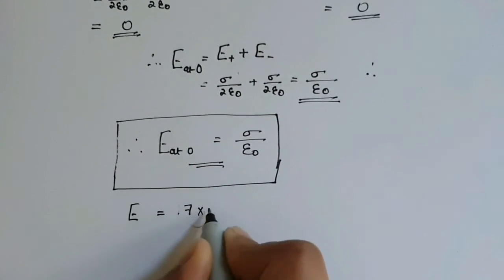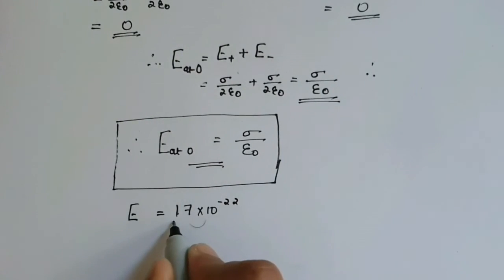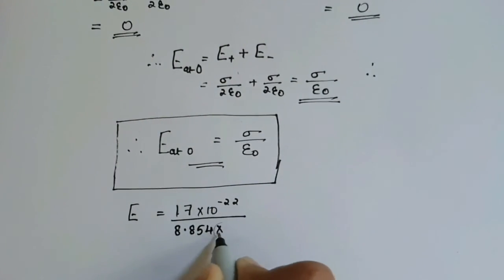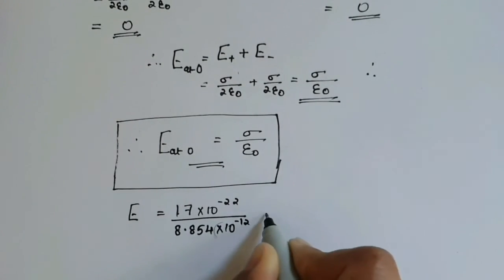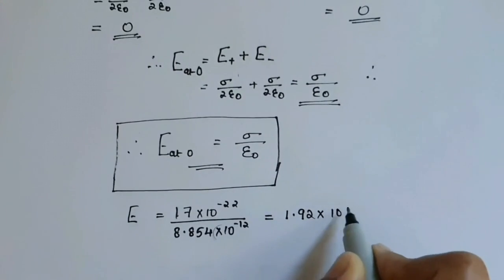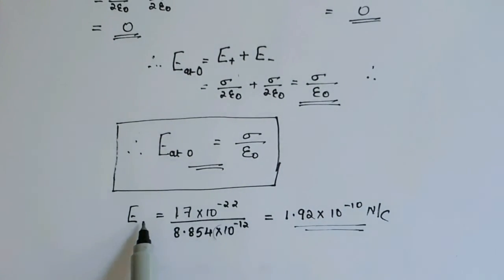That is 17 into 10 raised to minus 22 coulomb per meter square, all divided by epsilon 0, that is 8.854 into 10 raised to minus 12. This is equal to 1.92 into 10 raised to minus 10 Newton per coulomb. Therefore, electric field between the plates is equal to 1.92 into 10 raised to minus 10 Newton per coulomb.